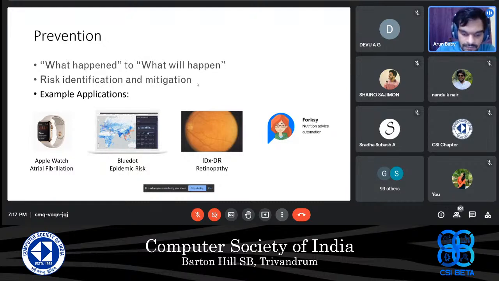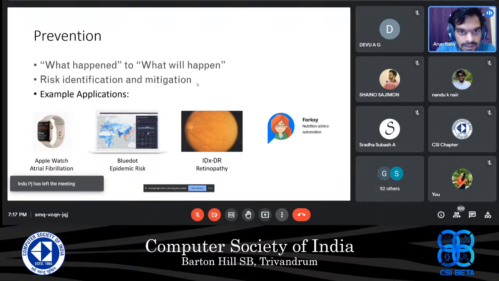A few examples for this is the famous Apple Watch, where it will record our ECG signal from the watch, and it will run through Apple's patented algorithms, where they detect atrial fibrillation.